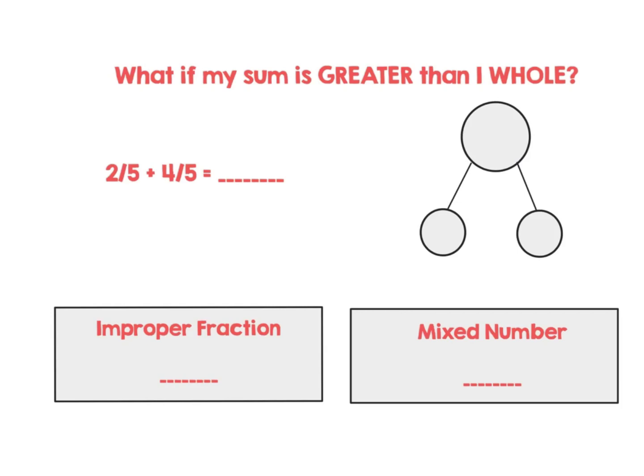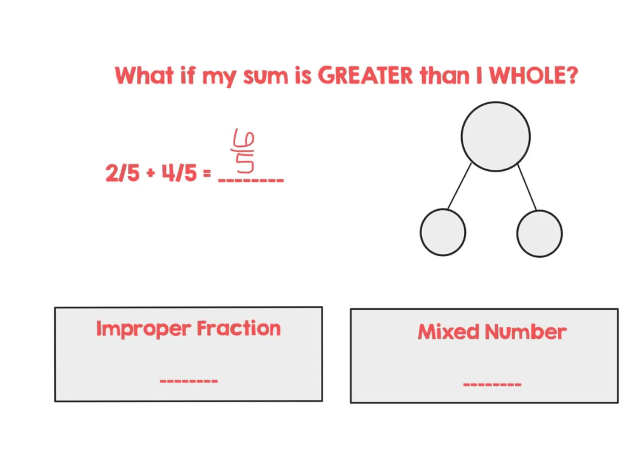Okay, so we're going to add these fractions, but what if my sum is greater than 1 whole? 2/5 plus 4/5 equals 6/5. When my numerator is greater than my denominator, that means that it's more than 1. It's more than a whole. So let's check that out.